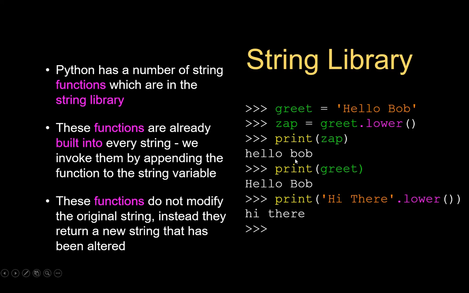The important thing here is our original variable, basically our original string, did not change. So if we print our original string, we still get the uppercase values that we initially had in the string. So it's just going to change for this new variable that we assigned the lower function to.